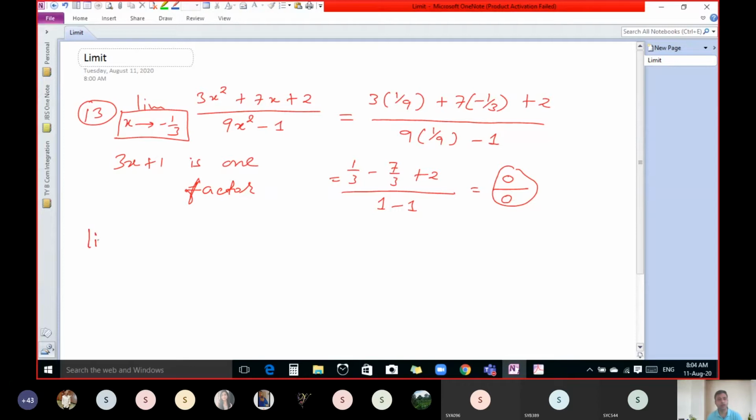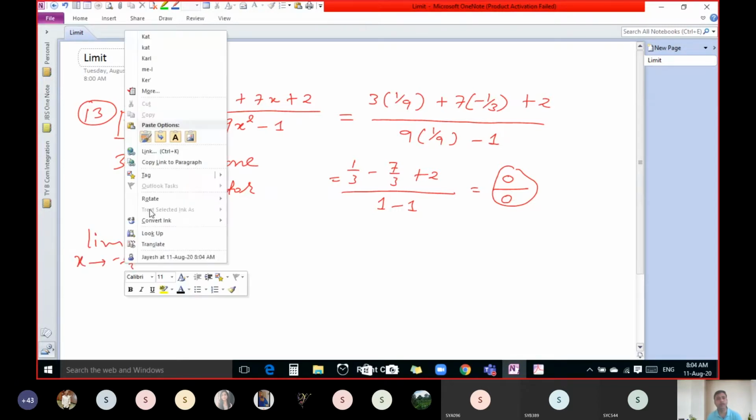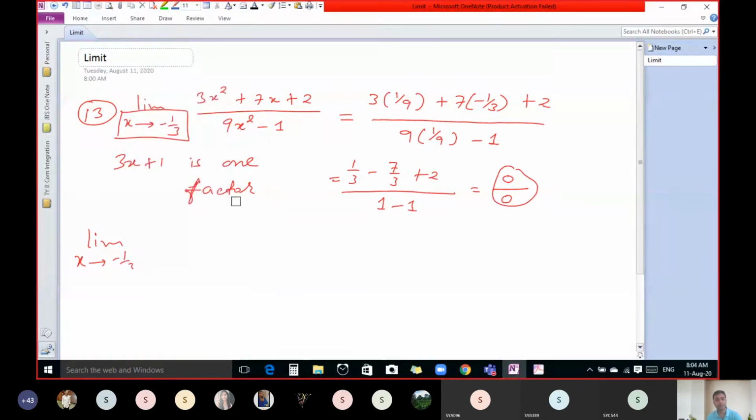Now what to do? Listen, we know that one factor is 3x plus 1. Now factorize this. So how to factorize? You can use the division method. First of all, you have to write 3x square plus 7x plus 2 here.